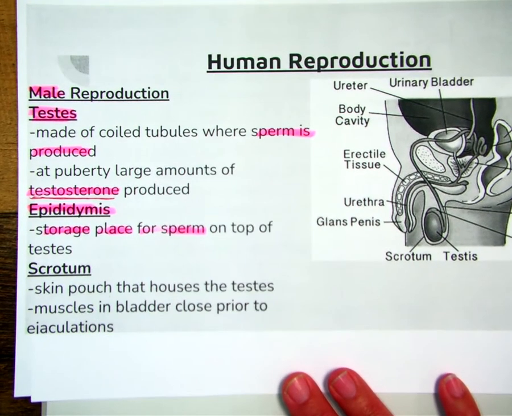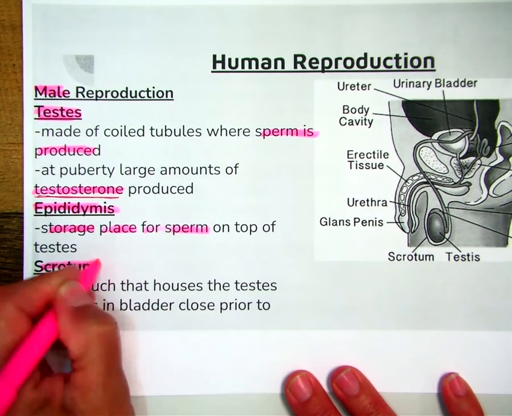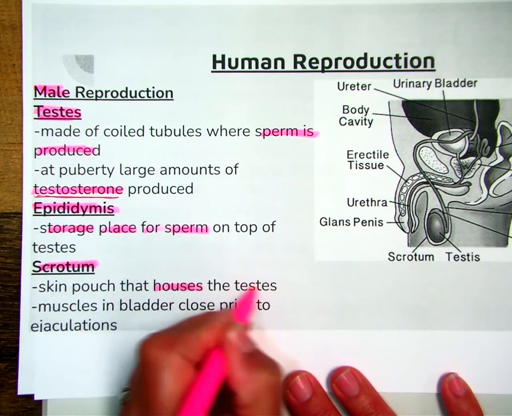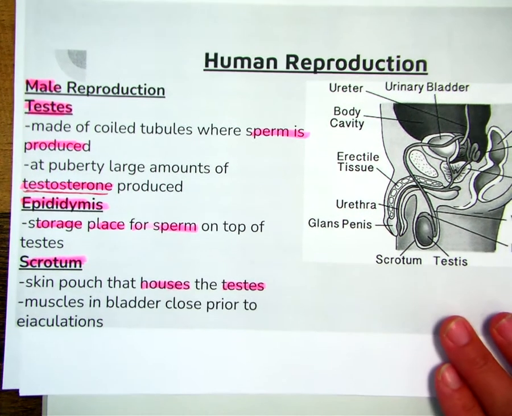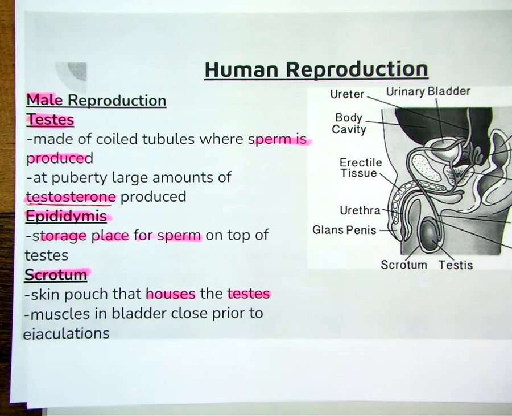The scrotum. The scrotum is the skin pouch that houses the testes. One of the things they ask about on the Regents sometimes is an adaptation. You could bring up this organ you learned about. The testes sit outside the body because the optimal temperature for sperm production is lower than body temperature.